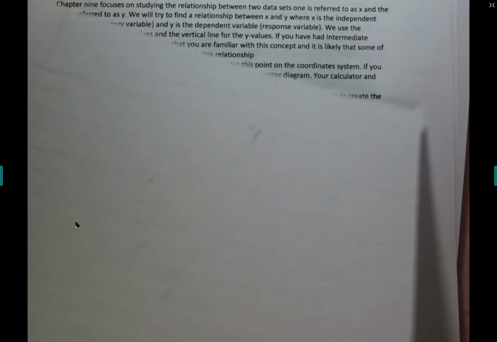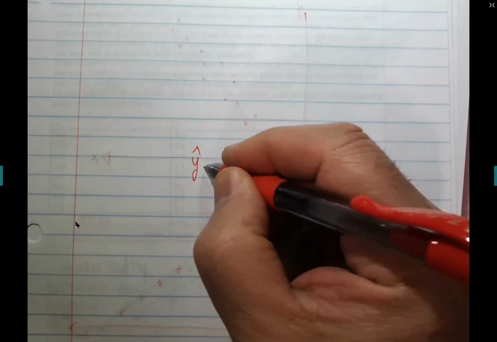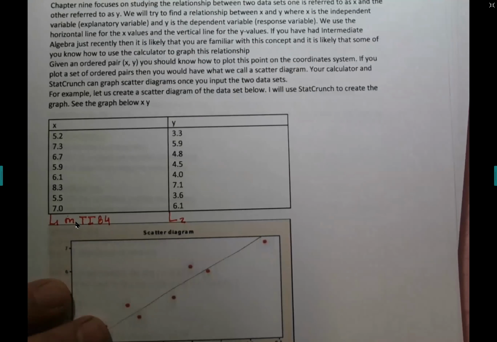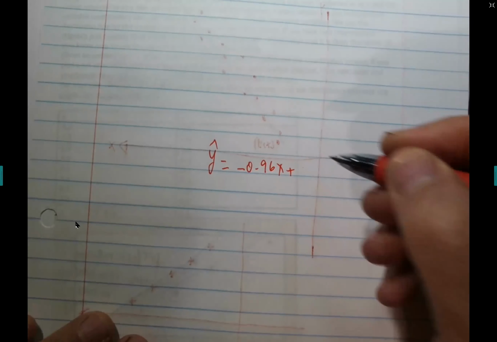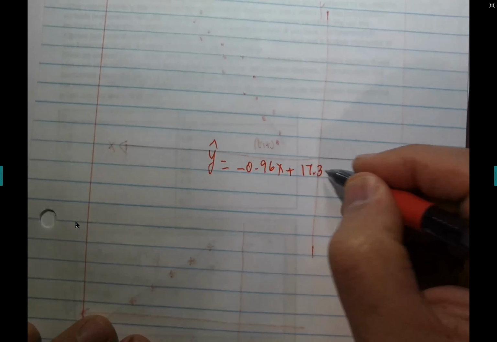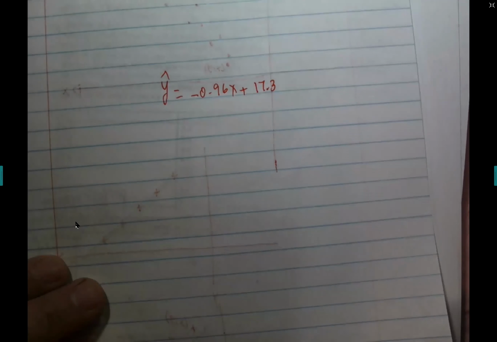Let's say the equation of the line here was y equals negative 0.96x plus 17.3. Let me just make sure. Yes.